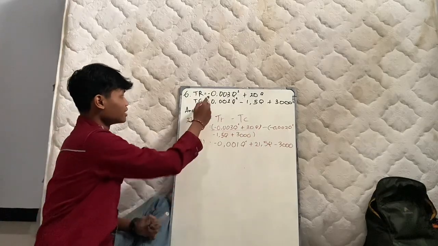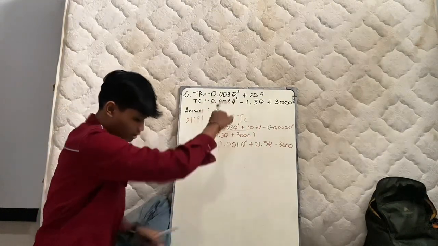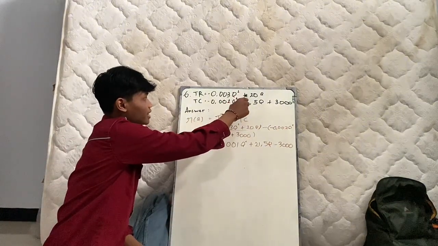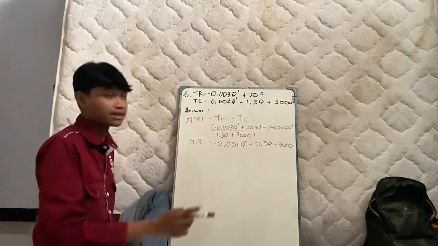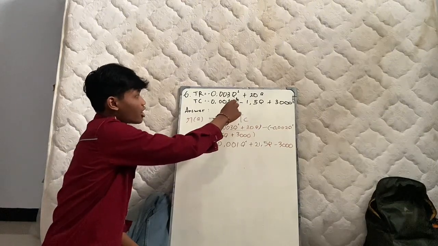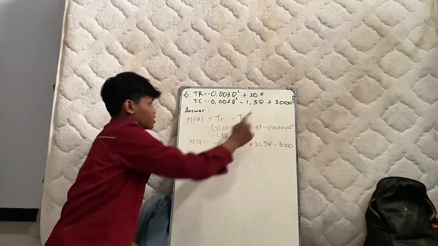TR is minus 0.003Q to the power of 2 plus 20Q, and TC is minus 0.002Q to the power of 2 minus 1.5Q plus 3000.